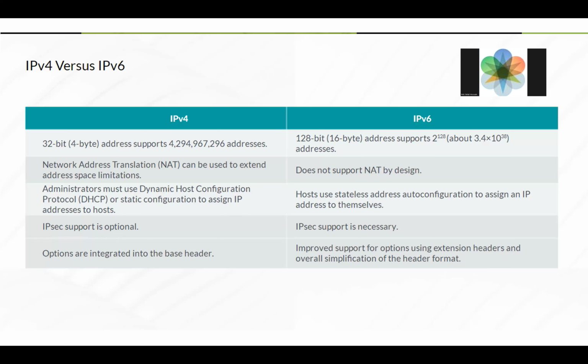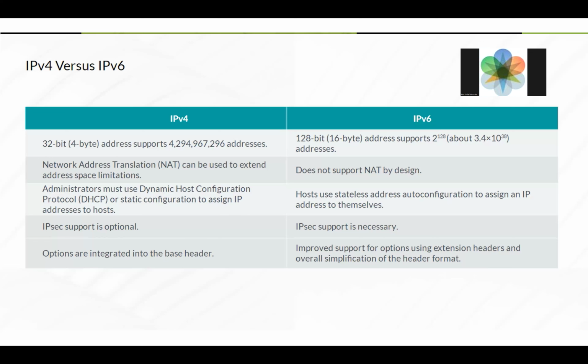Also, it has an auto configuration feature. IPv4 supports IPsec, and IPv6 also supports IPsec, but in IPv6, IPsec is necessary, but in IPv4, IPsec is optional. You can add or not.